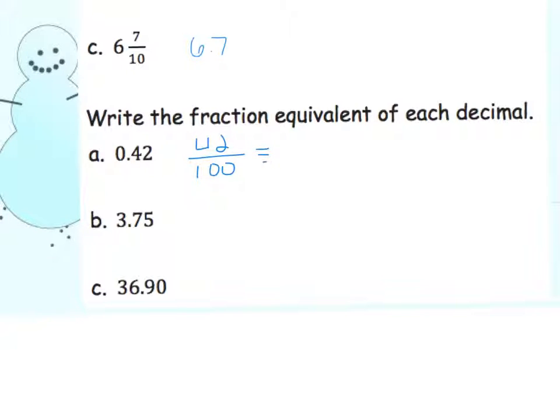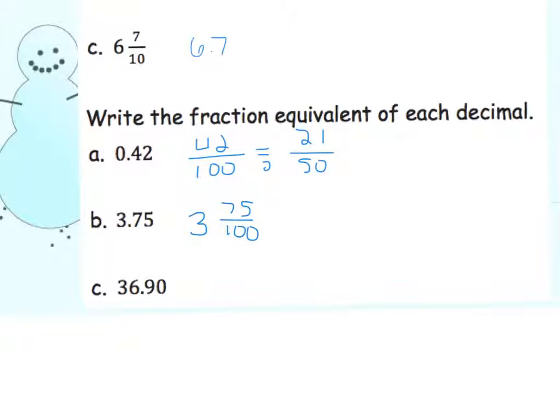Some people just keep reducing, so now I have 21/50. So I write it like this, instead of dividing by 2, I put my equal sign and put the 2 underneath, so I can think in my head 42 divided by 2 is 21, 100 divided by 2 is 50.